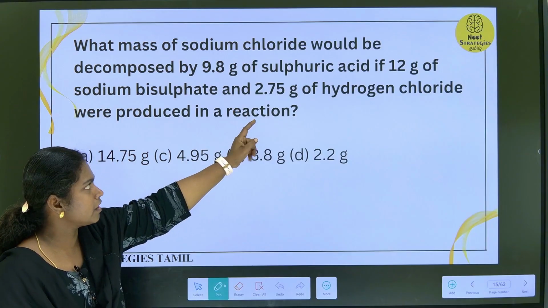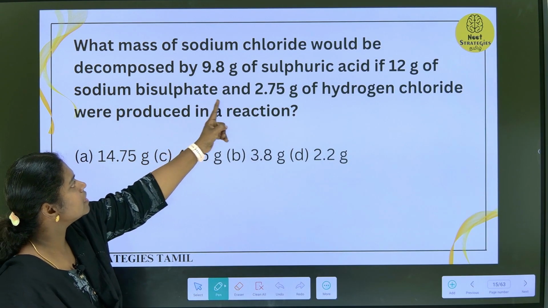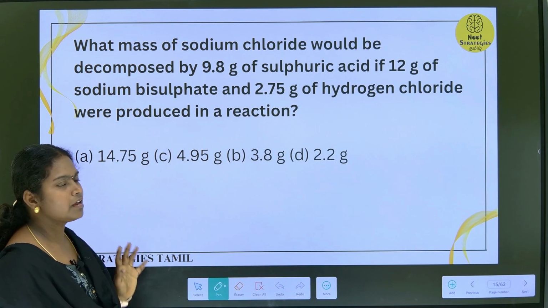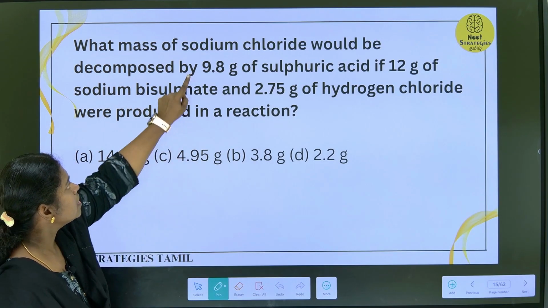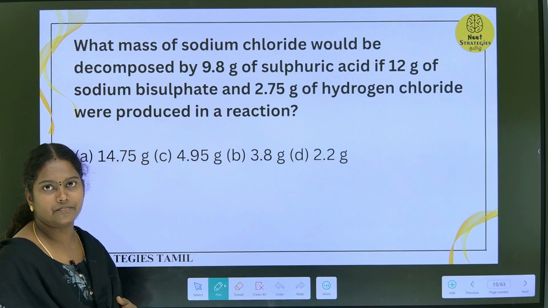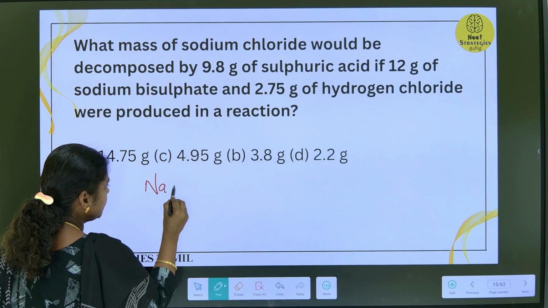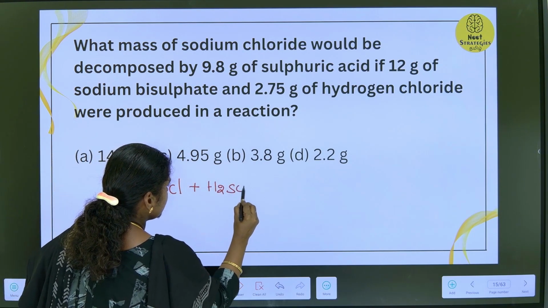If 12 gram of sodium bisulfite and 2.75 gram of hydrogen chloride were produced in the reaction, what mass of sodium chloride? First, sodium chloride reacts with sulfuric acid, so first we want to write sodium chloride reacting with sulfuric acid, H2SO4.